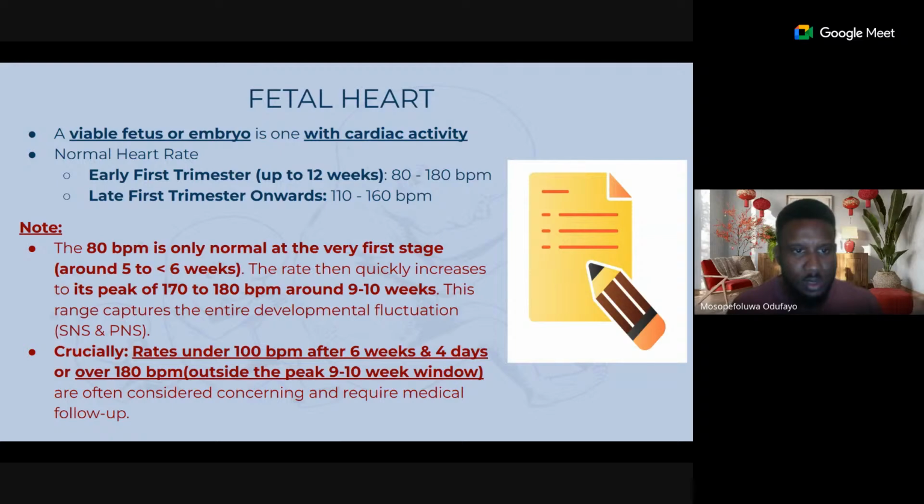But just take note, usually first trimester up to 12 weeks, 80 to 180 is allowed, basically. But if we are beginning to raise to that 180, maybe around the 10th week, let it raise a concern to you and then allow for a follow-up. Is that okay? Good.